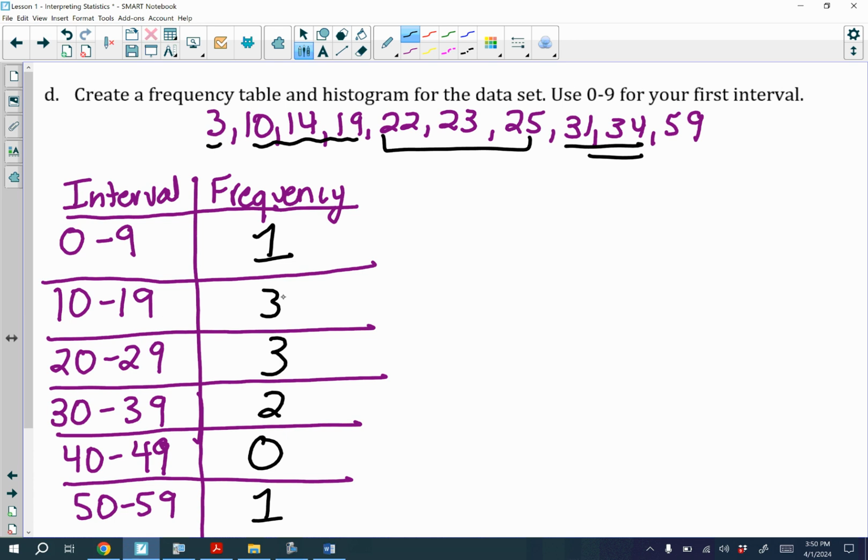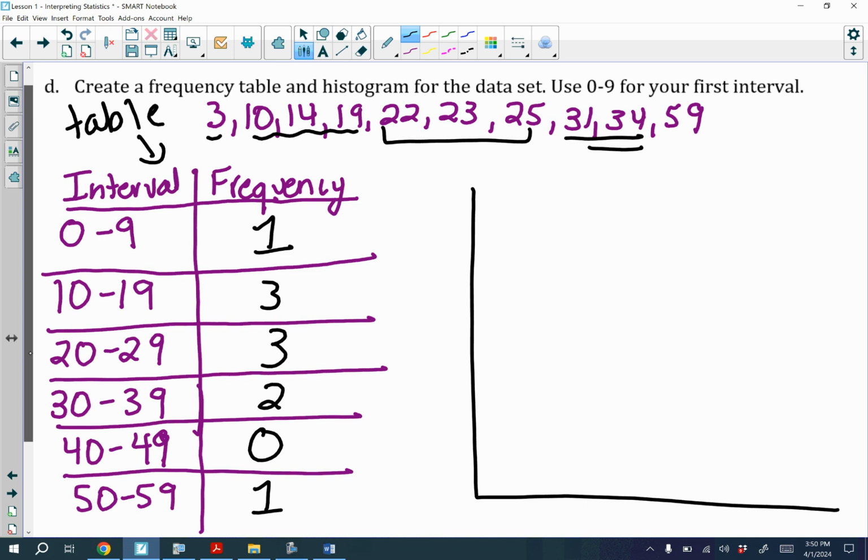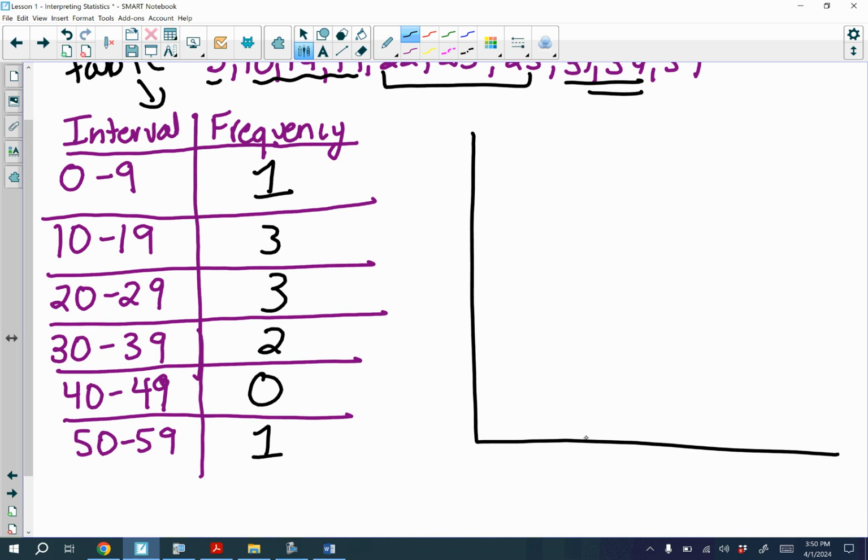Now we're going to take this information, this was our frequency table, and create that histogram. Okay, on the side here, this is going to represent our frequency. On the bottom is going to be representative of our intervals. So we start at 0, that can be here.